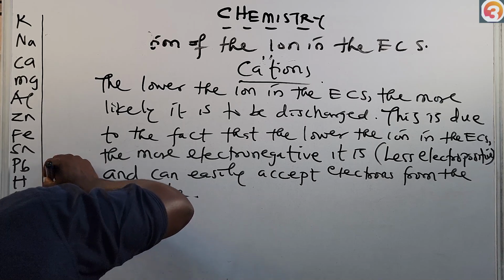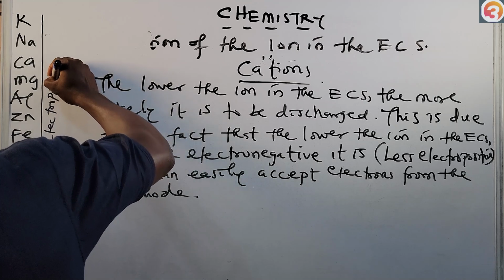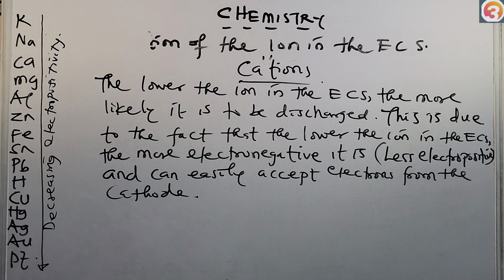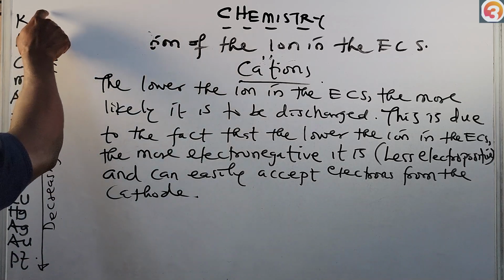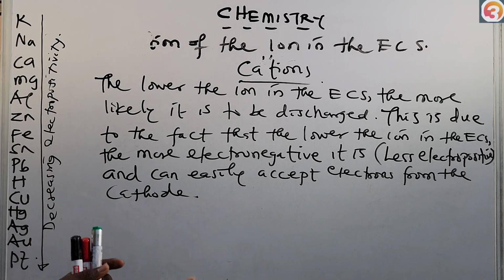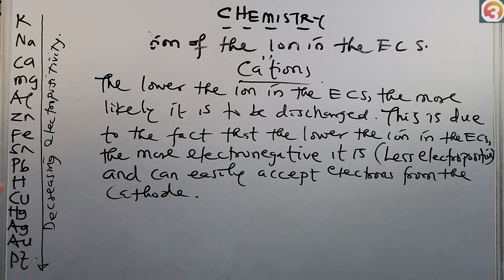You can say decreasing electropositivity. Or if you put the arrow upward, it means the electropositivity is increasing. So anyway you want to put it, understand what we are doing. Now if this is the case, that means the one that will be discharged, we said, is the one that is lower in the series.